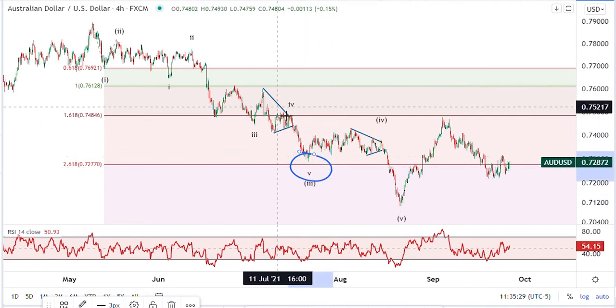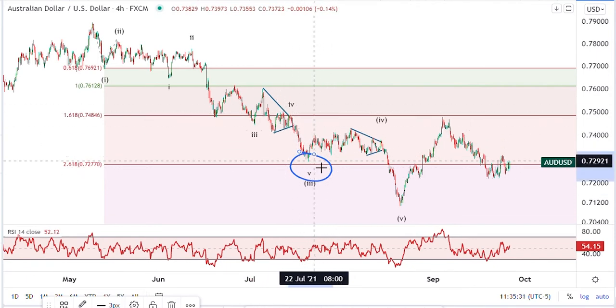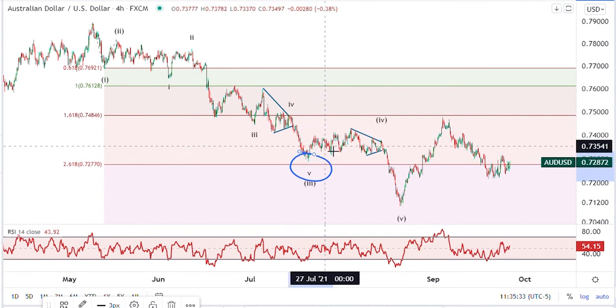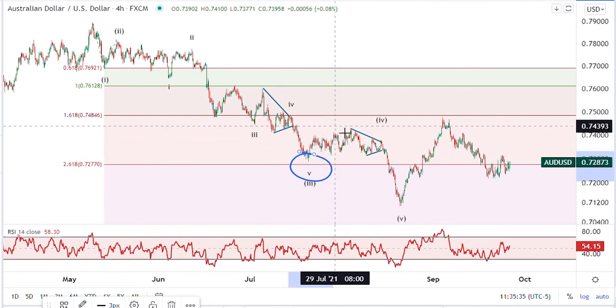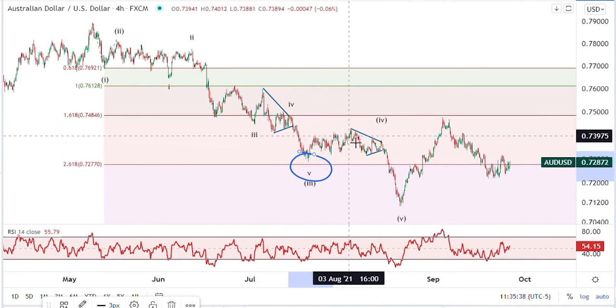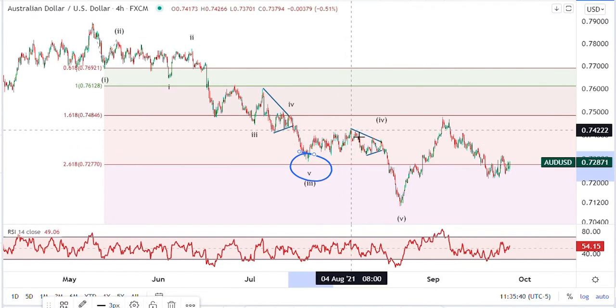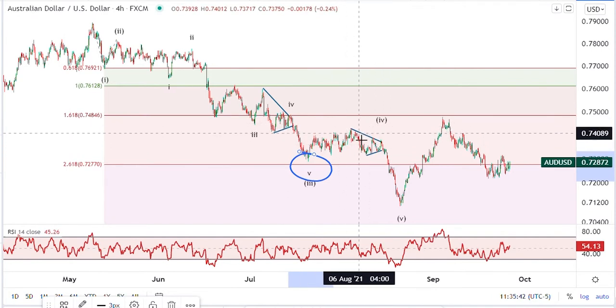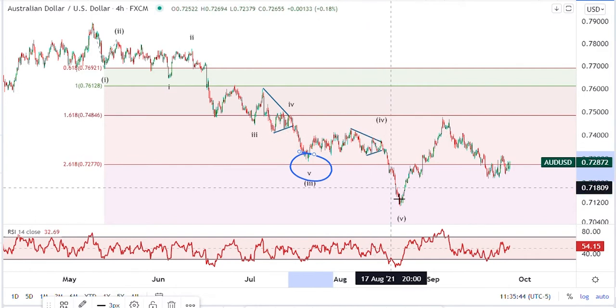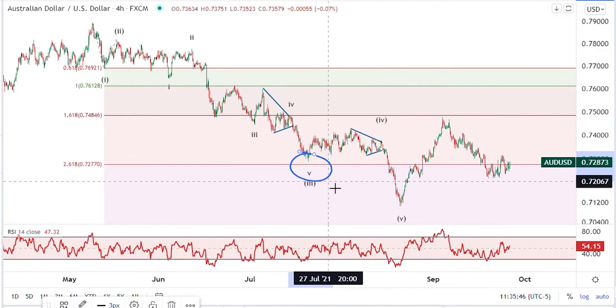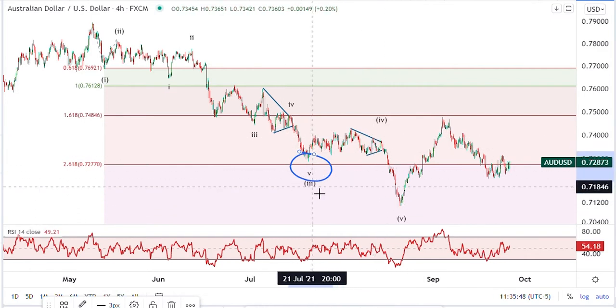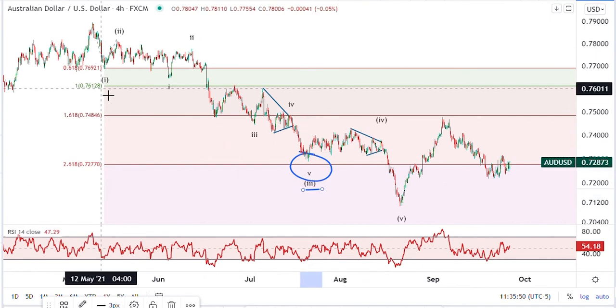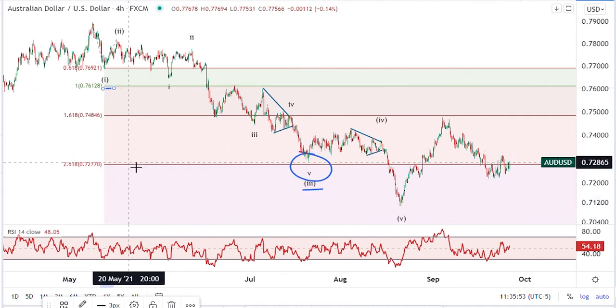And after you get a completed impulse wave, a lot of times you get a retracement back into the territory of the previous 4th wave. So we did get a little rally higher, ended up carving out another triangle pattern, and then plummeted down to new lows. So we've got some wave relationships taking place between wave 3 and wave 1.